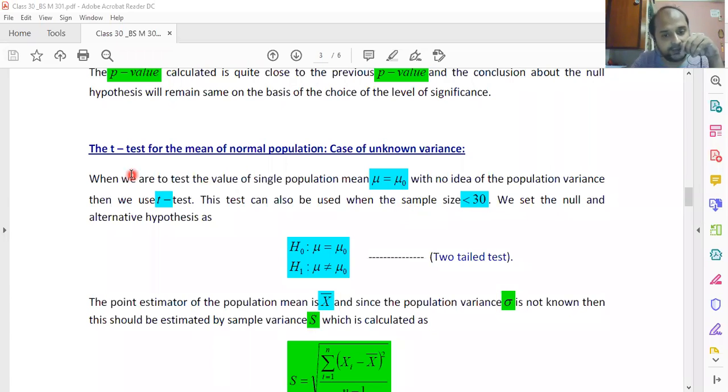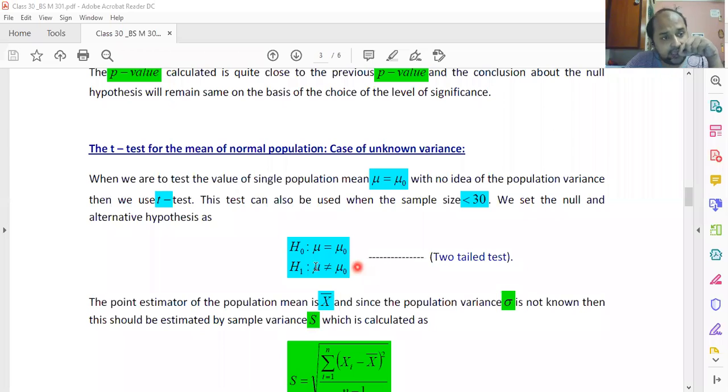What is the t-test? The basic criteria of setting the null hypothesis for the earlier case of testing the mean of a normal population and this case will remain the same: if the population mean's assumed hypothetical value is given to us, we consider it to be true, and we set this as the null hypothesis against the alternative hypothesis that mu is not equal to mu naught.